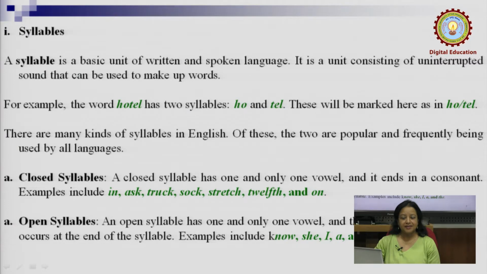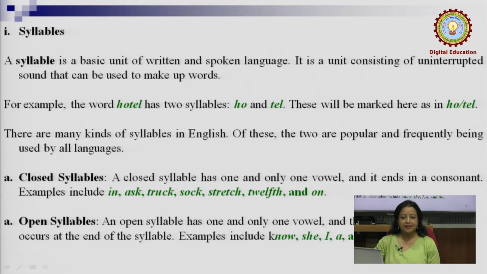There are many kinds of syllables in English. Of these, 2 are popular and frequently used by all languages. There are 2 types of syllables broadly: closed syllable and open syllable. A closed syllable has one and only one vowel, and it ends in a consonant.